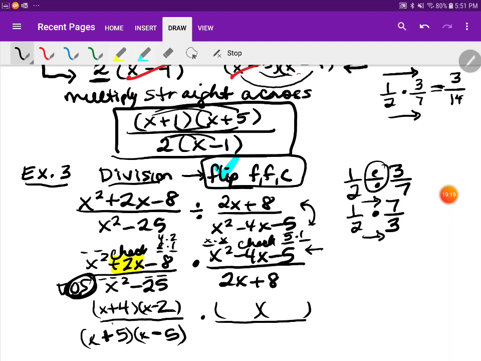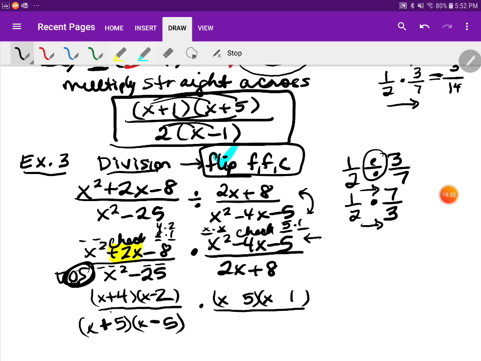If you need more help, it'd be good to find a video on factoring trinomials for extra practice. You can also email me or put in the comments that you need extra practice on that, and I'll make a video. So minus 5 plus 1 in order to get that negative 4x in the middle.